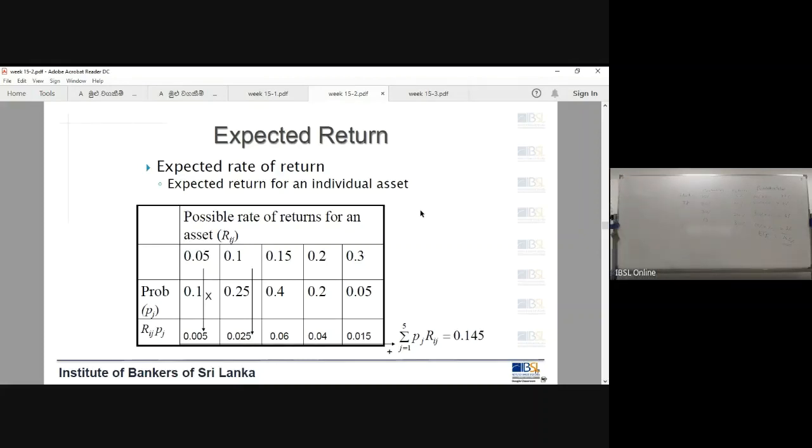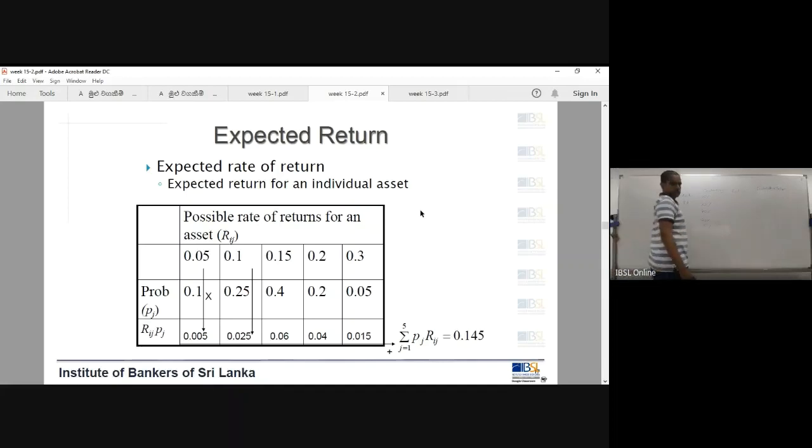The probability is given as 10%, then you have 25, 40, and 20. And the return combinations are also different.